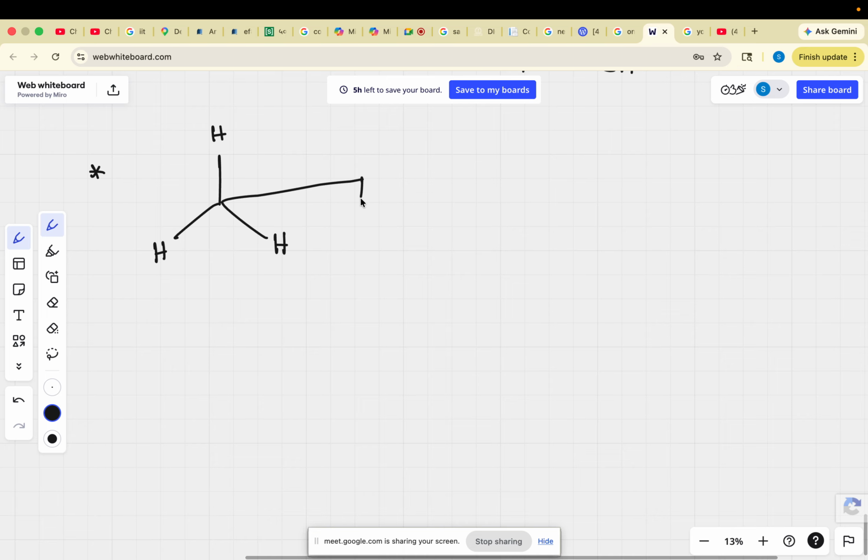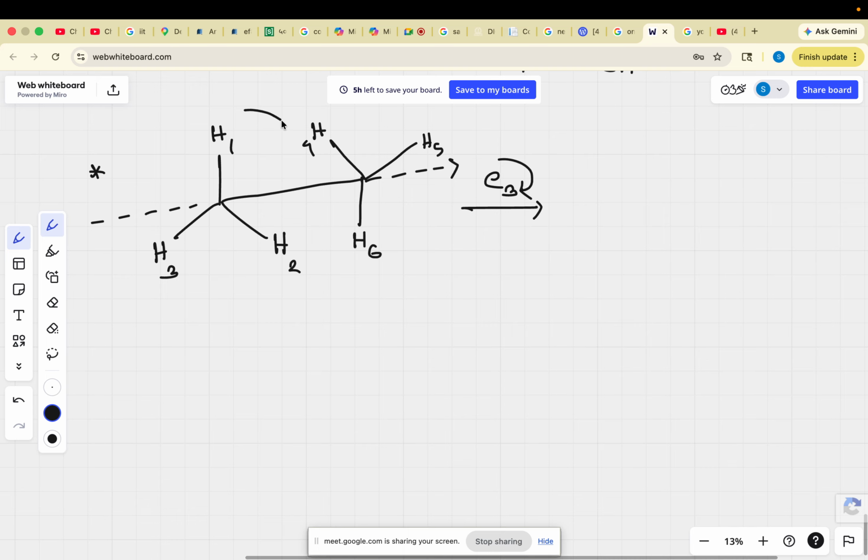Suppose this is H1, H2, H3, and this is your H4, H5, H6. Now I am keeping one C3 axis here, and I am rotating the molecule by 120 degree in the clockwise direction. Suppose I am rotating the whole molecule in clockwise direction by 120 degrees.